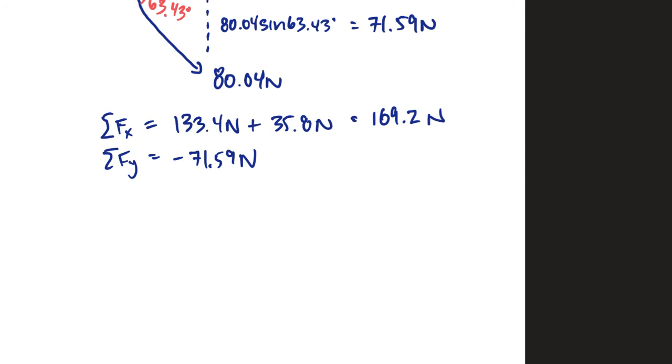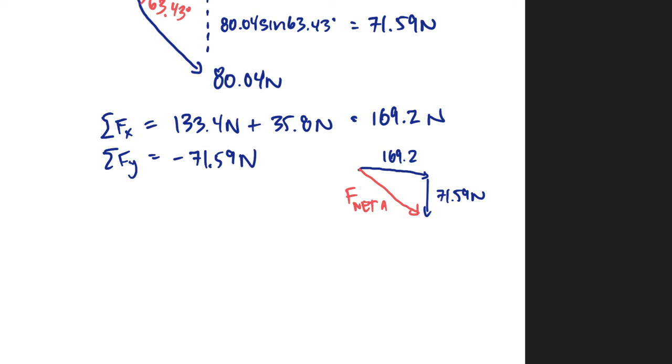The final triangle is 169.2 newtons to the right, and then 71.59 newtons down, which I'll draw shorter. And the resultant force connects the beginning and the end. So this is the total force, the net force on asteroid A. I'll call it F net A.